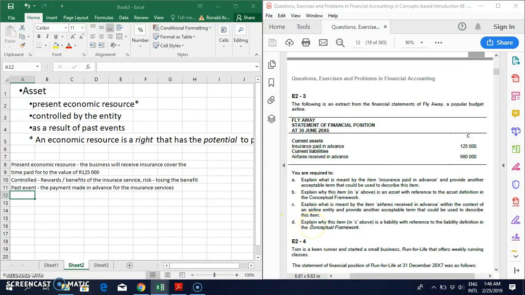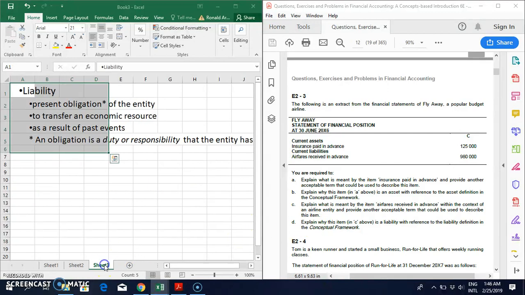Then they ask us to explain it with a definition of a liability as per the conceptual framework. So if you look at the definition of a liability, it says there's a present obligation to transfer an economic resource as a result of a past event. An obligation is defined as a duty or responsibility that the entity has. So when we apply the definition, we now take this definition over here and apply it to this scenario.